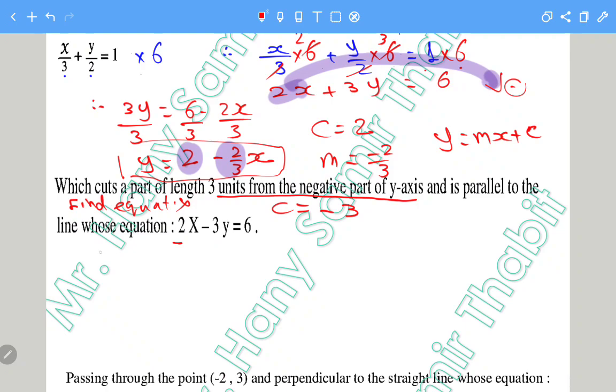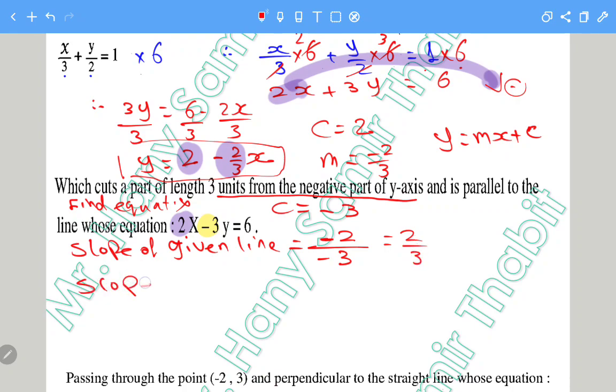It's parallel to the given line, whose slope equals negative coefficient of x, negative 2, over coefficient of y, negative 3. It's 2 over 3. Since they are parallel, the slope of the required one equals the same slope, m equals 2 over 3.